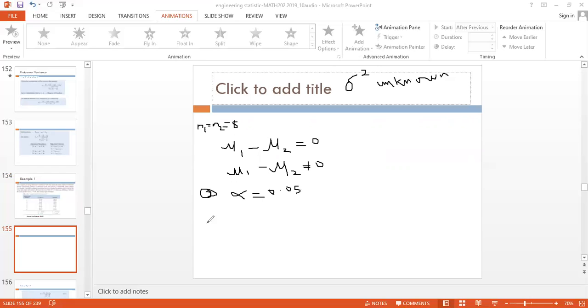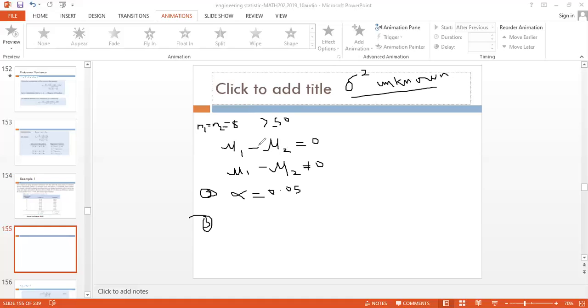In step 3, we know from these conditions that sigma squared is unknown and the sample size is less than 50. That's the summation of the two is less than 50.